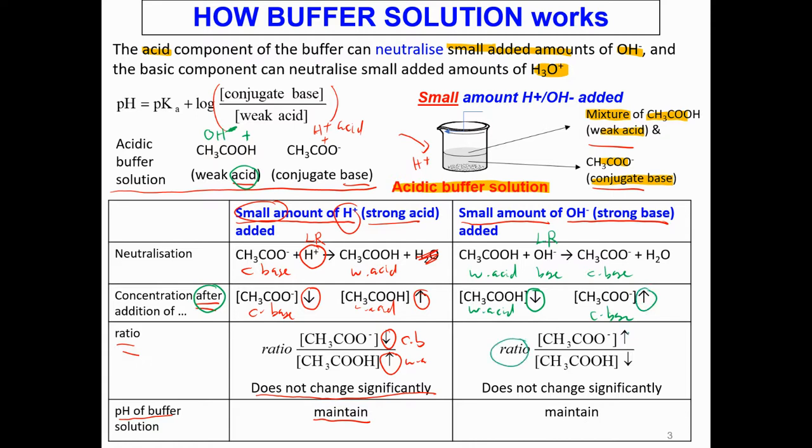So in the ratio, conjugate base increases and weak acid decreases, so it does not change significantly. This is how the pH of a buffer solution is maintained after a small amount of strong base is added. And remember, in the Henderson-Hasselbalch equation, it is not log product over log reactant. It is conjugate base over weak acid.